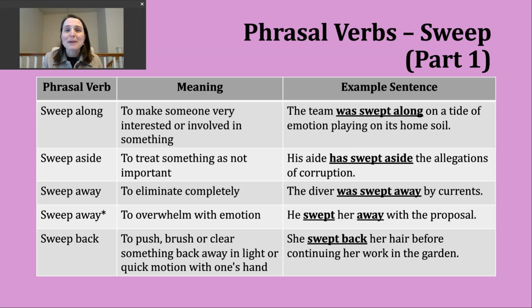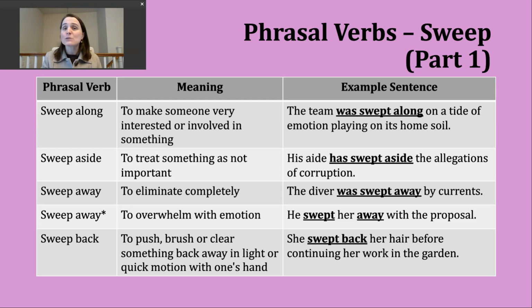Another phrasal verb you might encounter is to sweep aside. Many times when people use this, they're saying that we're treating something as not being important. It's almost like we're looking at the thing and just sort of pushing it out of the way. An example of this, his aide has swept aside the allegations of corruption.